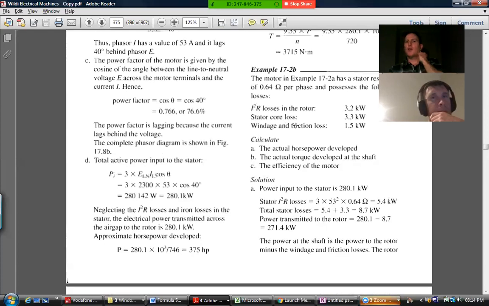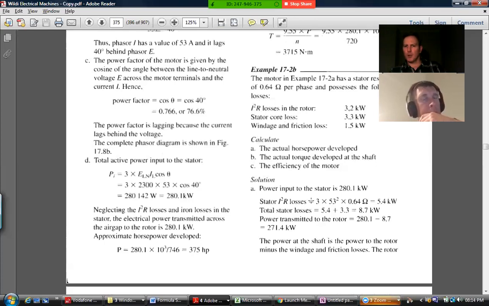Once you've done that basic phasor diagram to find the main currents and voltages and everything, they're just taking it a step further here by specifying some losses in this case. R squared losses in the rotor, the stator core loss that's in the actual magnetic circuit of the stator, and windage and friction, which of course is effectively reducing the torque on the shaft because some torque's being used to overcome friction and less torque therefore is available at the end of the shaft driving whatever load there is.